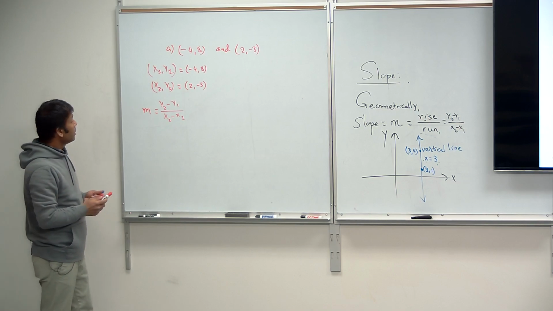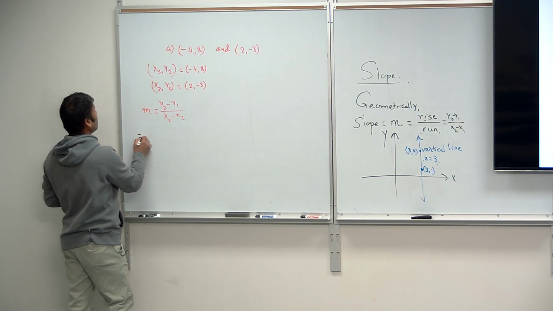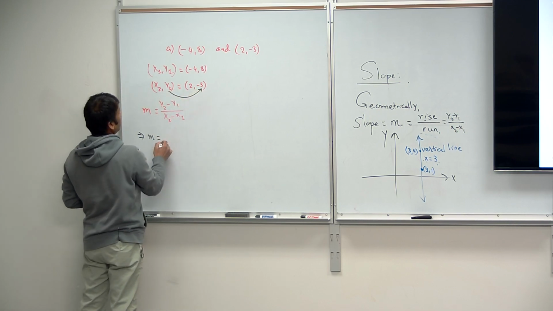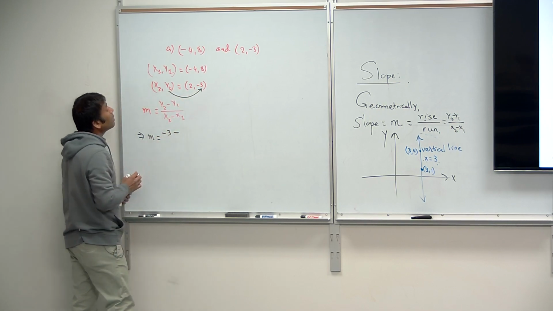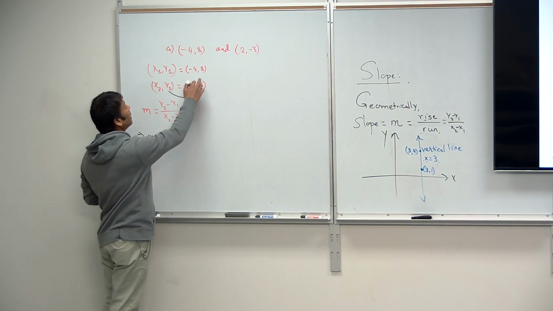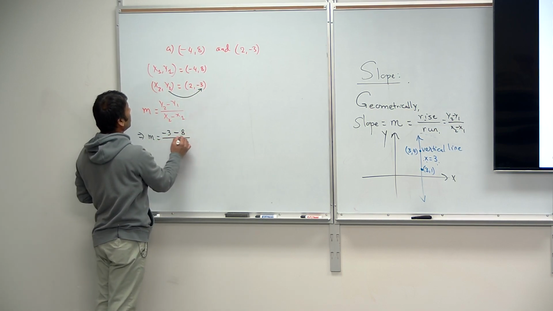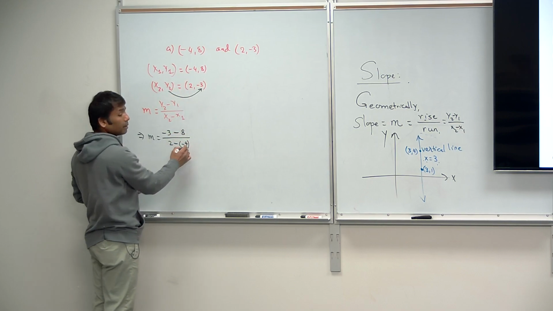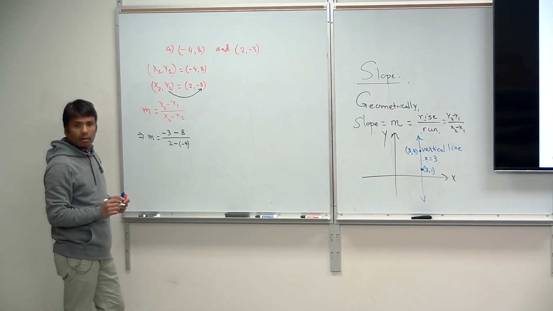So now, if you do that, m equal to, what is your y2? Negative 3. Negative 3 minus, what is your y1? 8, over, what is your x2? 2 minus, what is your x1? Negative 4. Make sense?